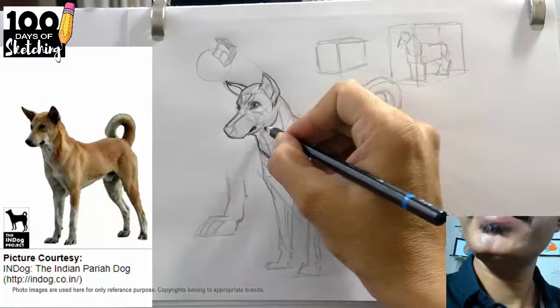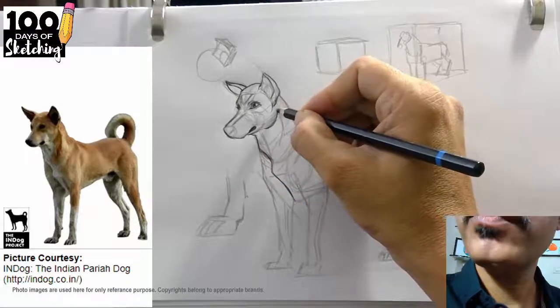So I'm darkening some of the lines which can give a nice feature to it.